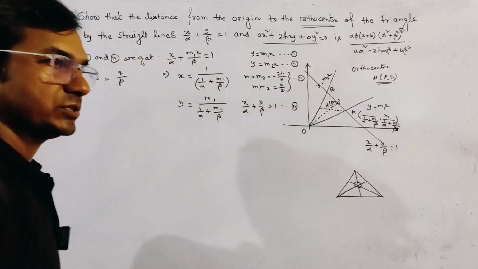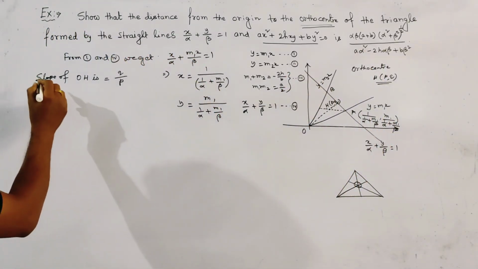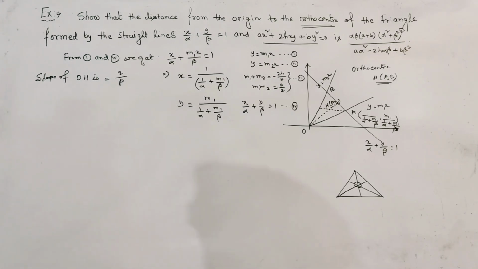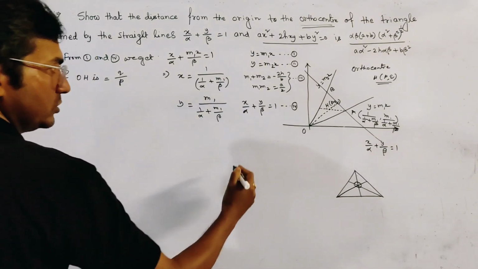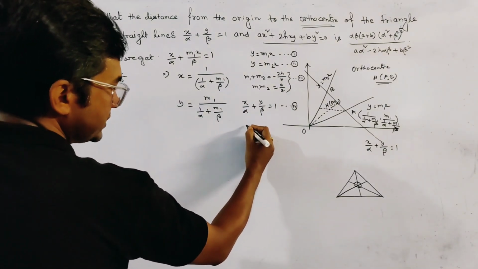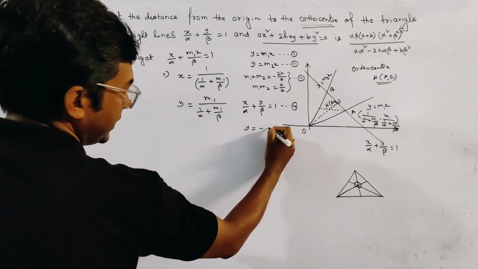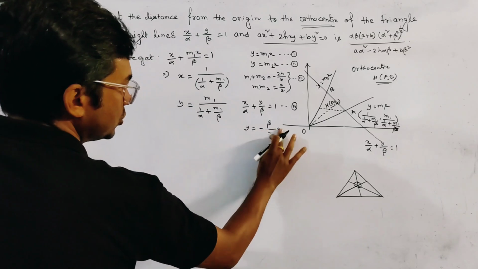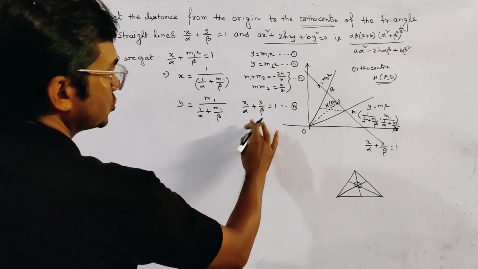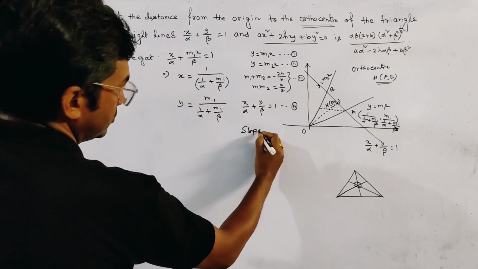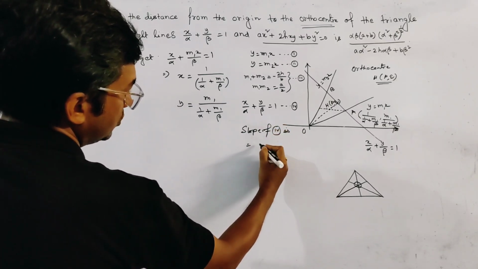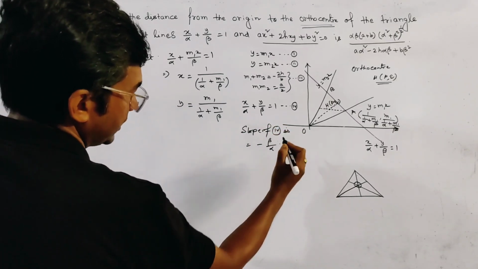So the slope of the line OH is Q/P. Now the slope of line 4: writing y in terms of x, the slope of 4 is equal to -beta/alpha.